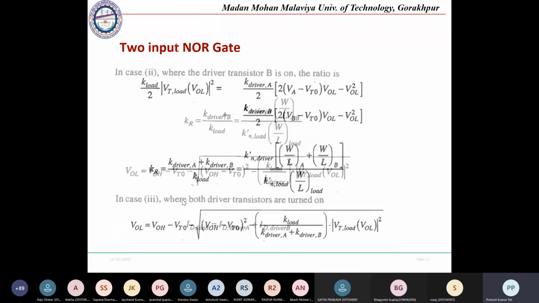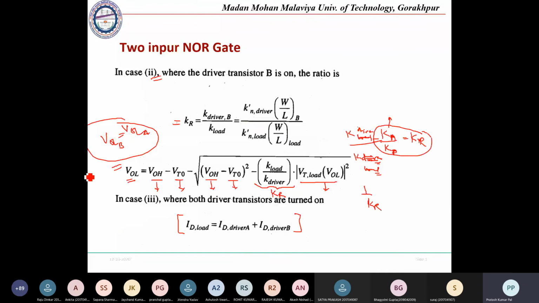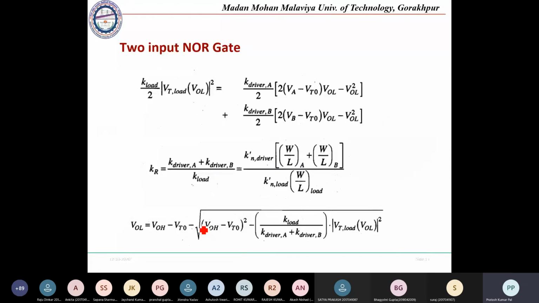In the previous one also, this was the VOL value. In this also, the same VOL value will be there, but the difference is replacing the driver transconductance by adding both the transistor A and B transconductance values.